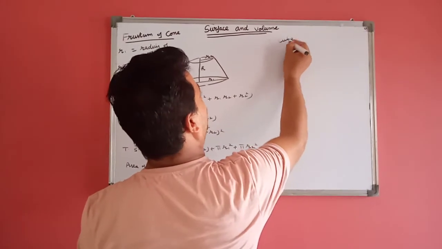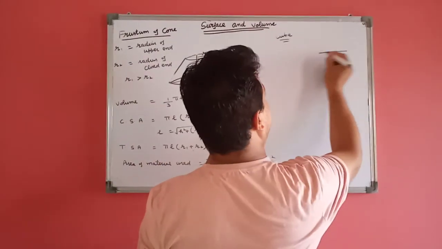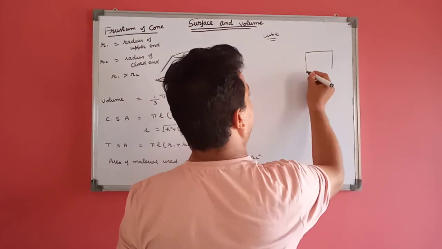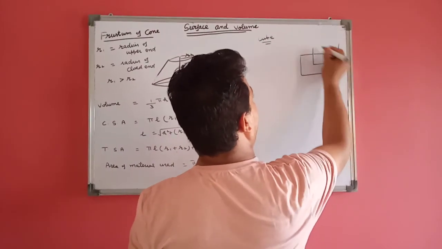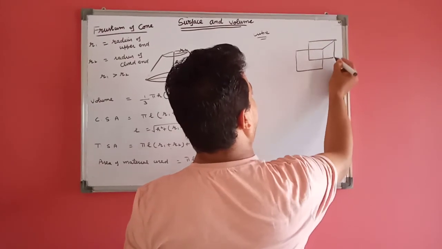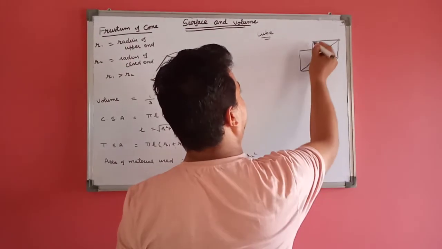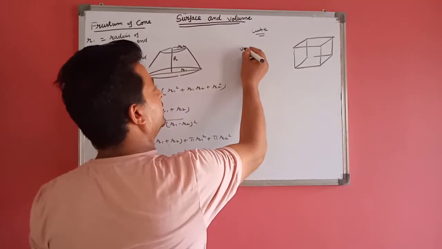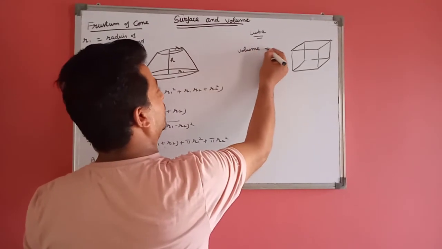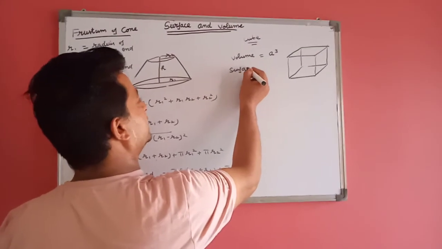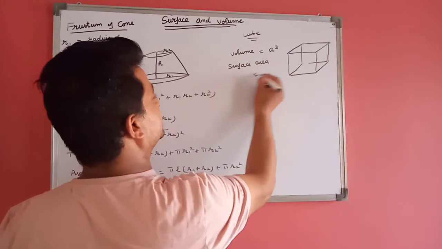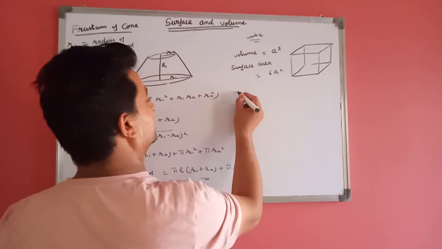After this, we have cube. The cube is like this. This cube has 3 edges which are always equal. That's edge of cube is A. So volume of cube is A cube. After this, surface area of cube is 6A square.